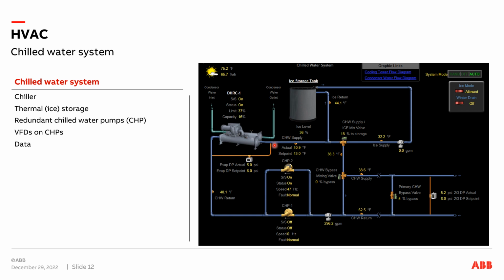And then during the day when energy is more expensive at 2 p.m., instead of having to run my chiller as hard as I normally would, I can bring my water through this vat of ice here. It's a bunch of pipes that have ice that build around them, and that actually cools down the water that way. And then I don't have to run my chiller as hard when the energy is more expensive during the day. So that's what this loop is right here, and there's some valves that control that.